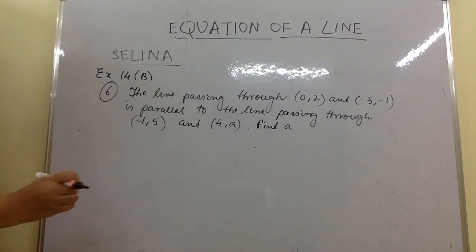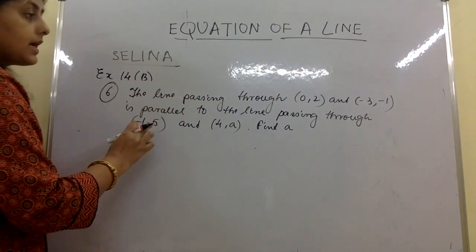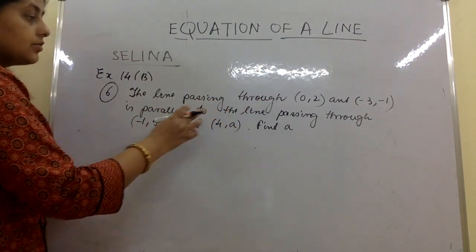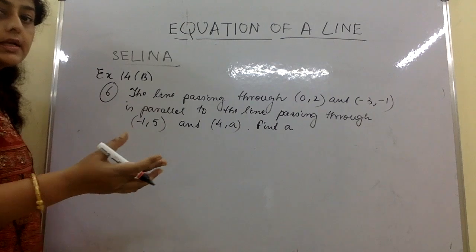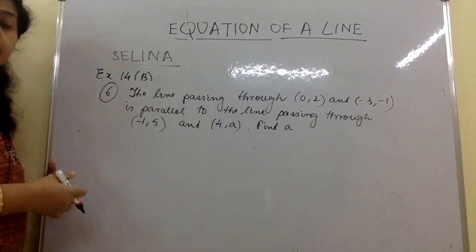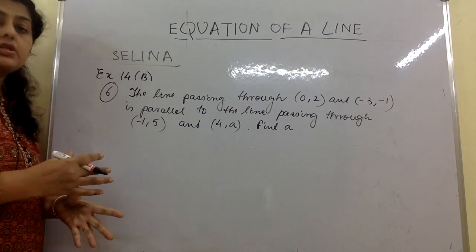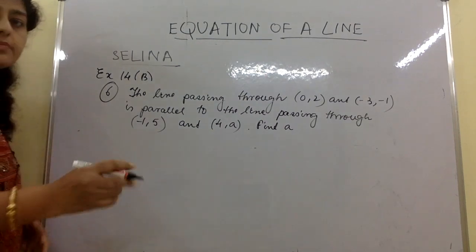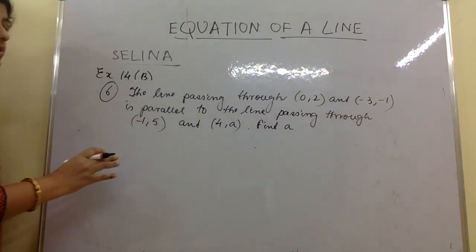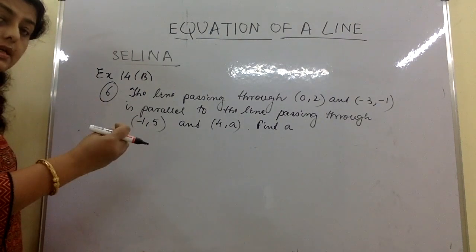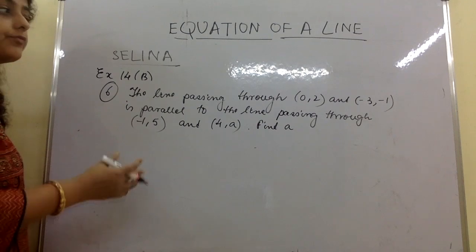The line passing through 0, 2 and minus 3, minus 1 is parallel to the line passing through minus 1, 5 and 4, a. Now whenever people get this kind of question, they tend to leave it. But if you have understood the question and you can picturize the diagram, you will get the sum for sure.